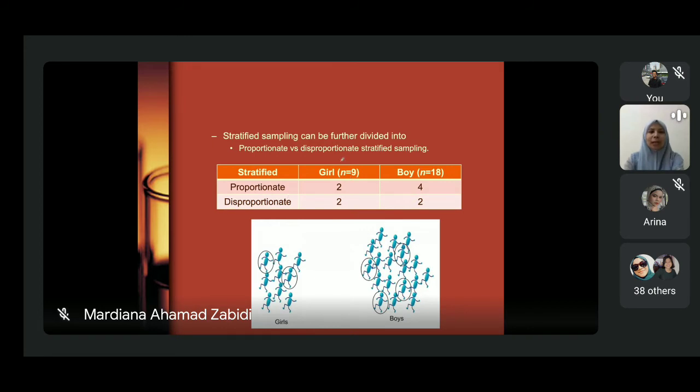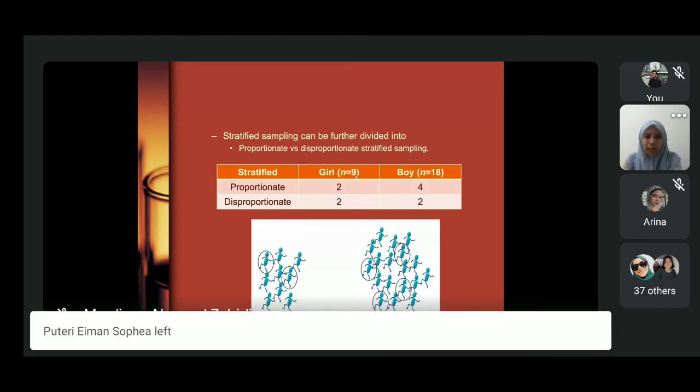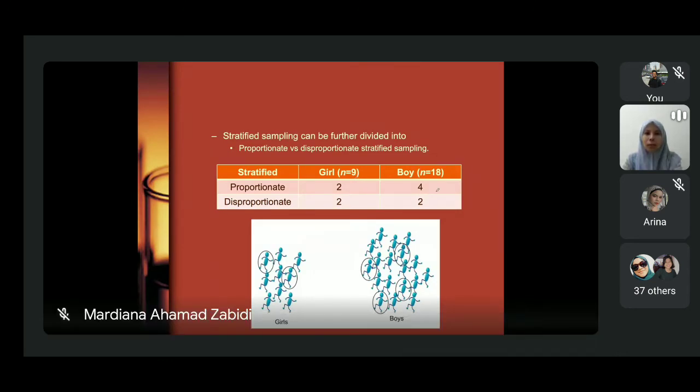Okay, so this particular stratified sampling can be further divided into proportionate versus disproportionate stratified sampling. Okay, proportionate is whereby kita ada girls 2, n equals to 18:9. You want to collect two girls and then you want to get 4 boys.